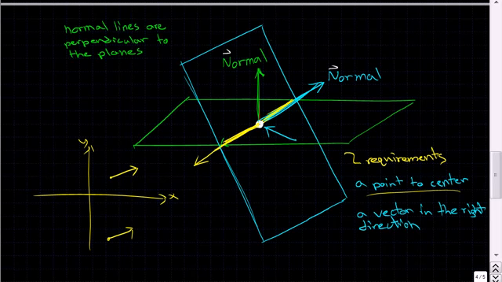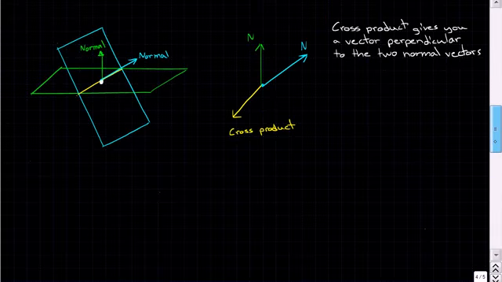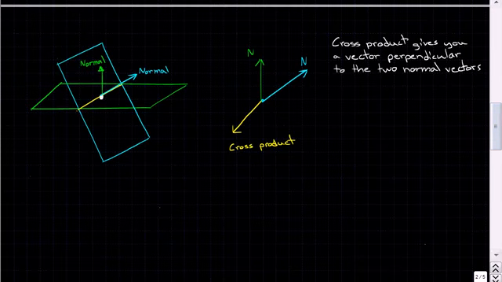By taking the cross product of the two normals, we get a vector that's perpendicular to both normal vectors. So if we're going up and going sideways here, then the cross product is in the direction of the line. So the direction of the line that intersects the two planes is the cross product of the two planes' normals.